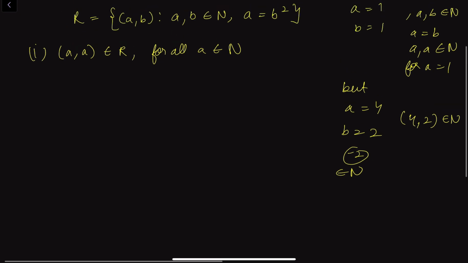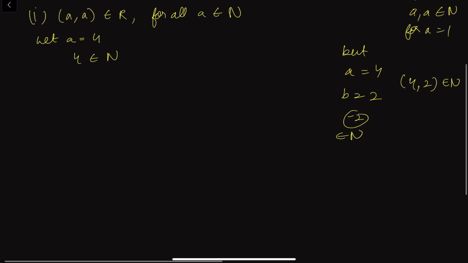So it's not true because for all values of a, (a, a) cannot belong to R. Let's take an example here. Let a is equal to 4. Now 4 belongs to natural numbers, but b is equal to under root of a.